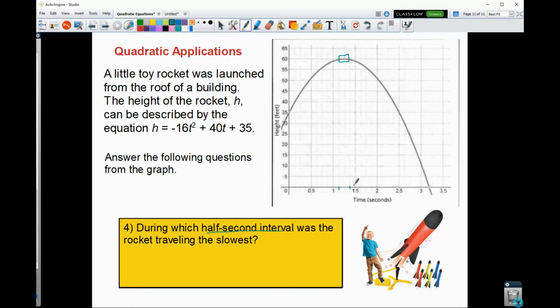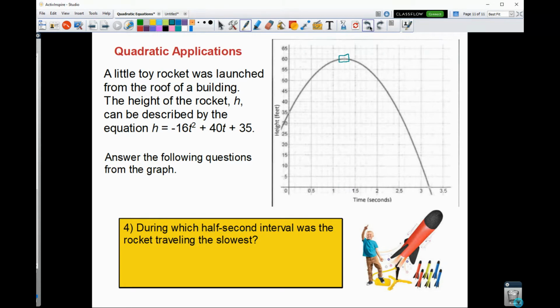That's going to be 0.125. So between 1.125 and 1.375, that's where the half-second interval would be the slowest. Really, it's going the slowest right here at the maximum.